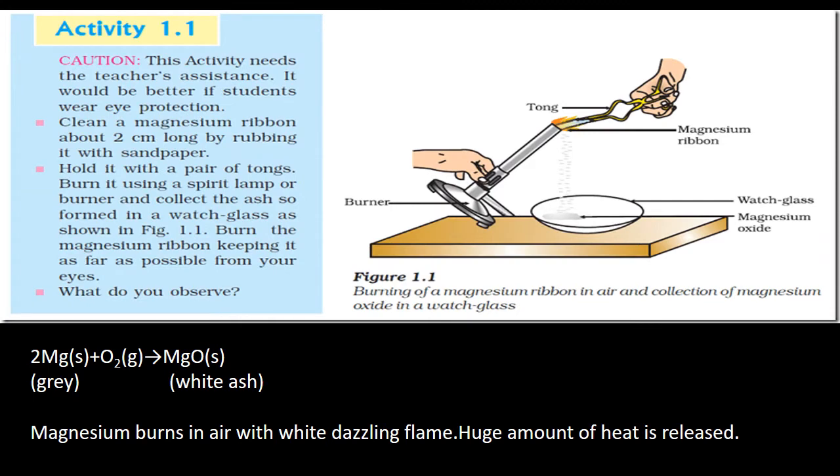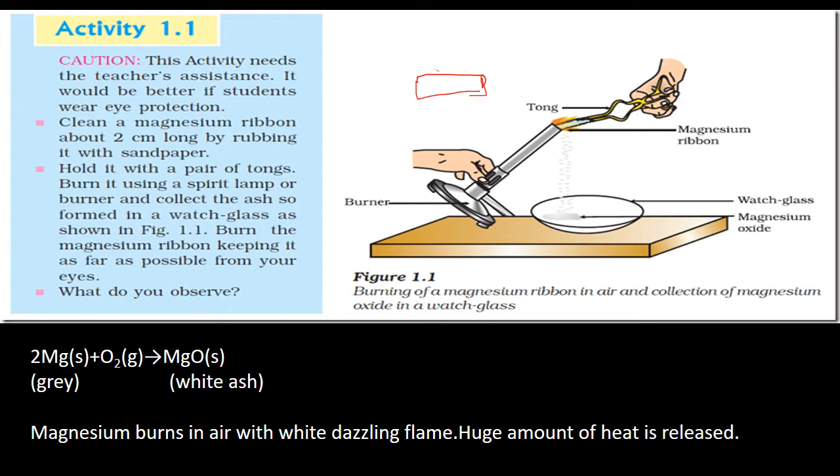Activities given in the NCERT textbook. First activity, 1.1. It says that we have to take a magnesium ribbon. This magnesium ribbon is grey in color.